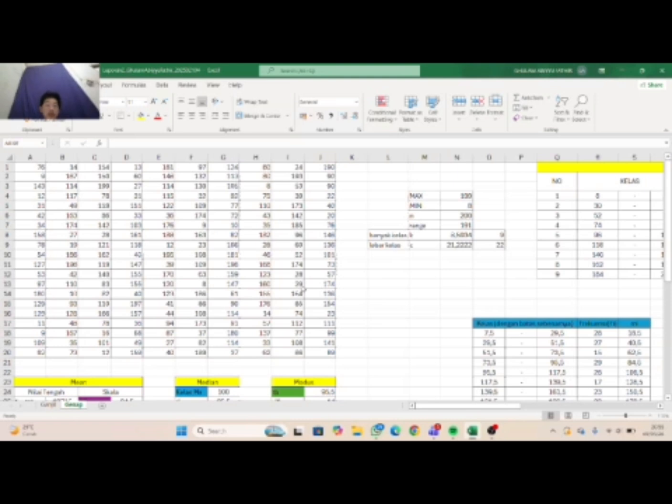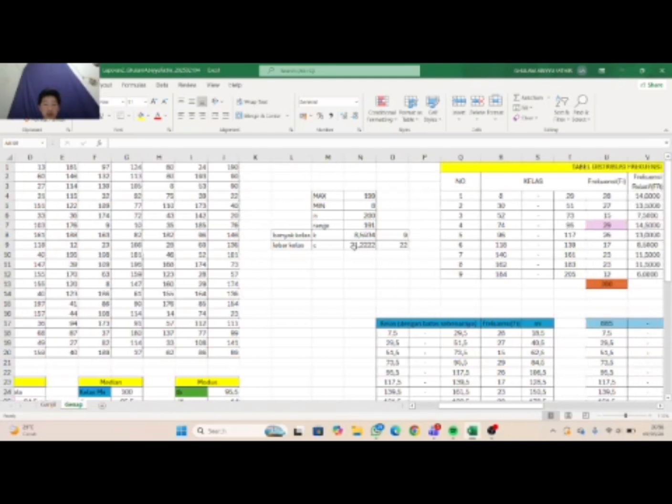The first step I do is observe all the available data. From this data, we will later determine the maximum value, minimum value, total data, range, number of classes, and class width.